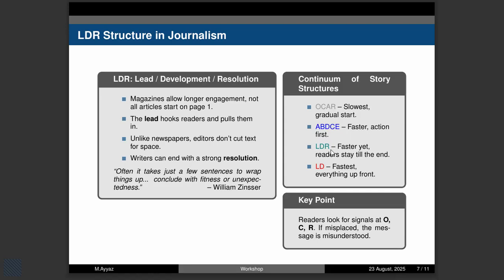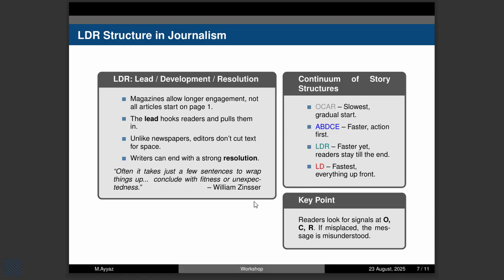Then we have the LDR structure, which is much faster than the previous one. And then we have the LD structure, the most efficient structure, for the most impatient audience.